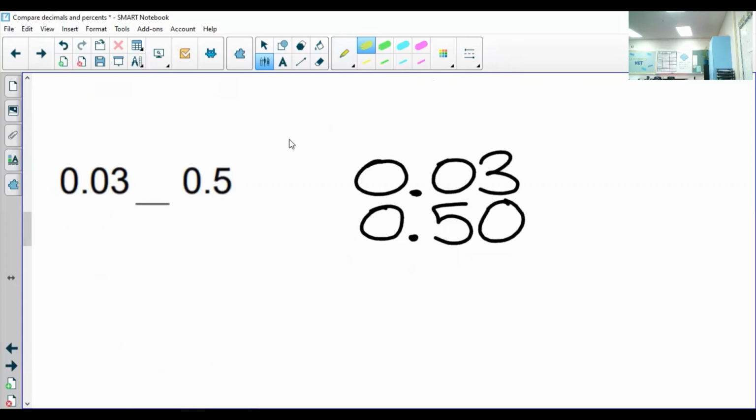So let's take a look at my place values. No 10s. In the one spot, I have 2 zeros. So is a 0 bigger than a 0? No, they're the same, right? So we have to go to the next spot, which would be my tenths spot, and I've got a 0 and a 5. So what's bigger, 0 or 5? Well, we know that the 5 is bigger, so 5/10 is bigger than 3/100.